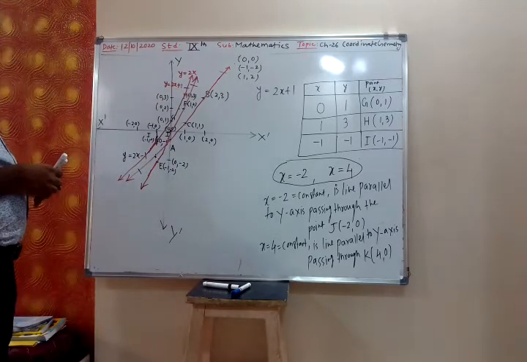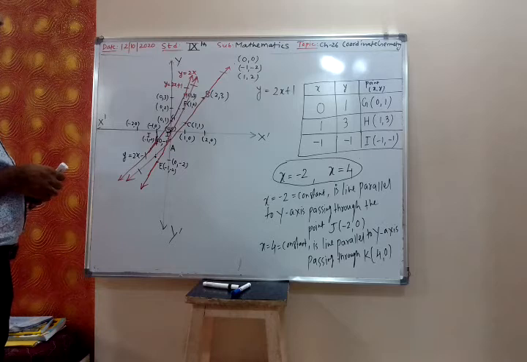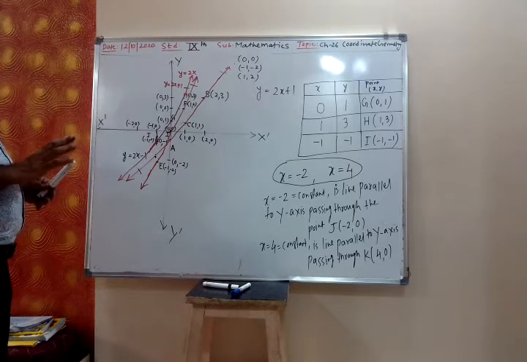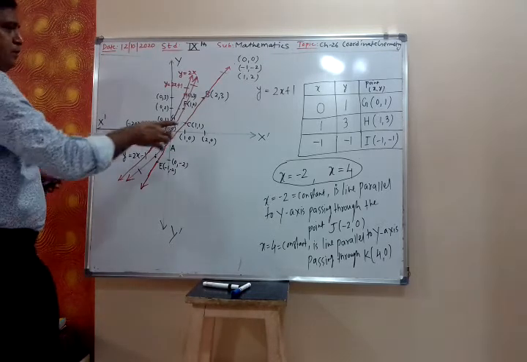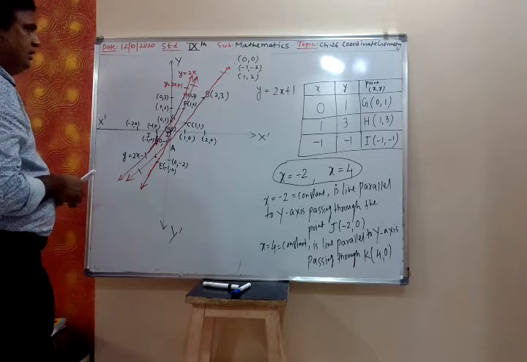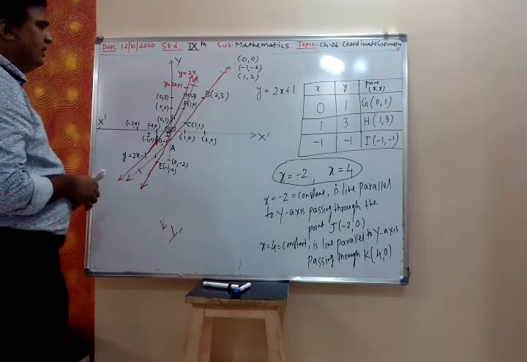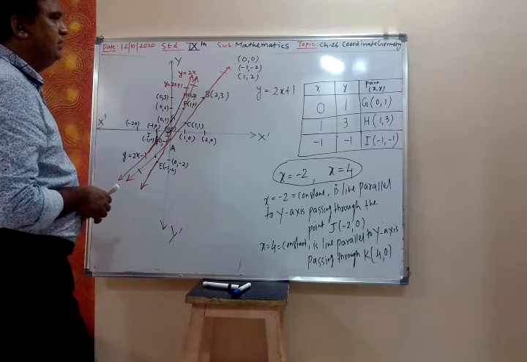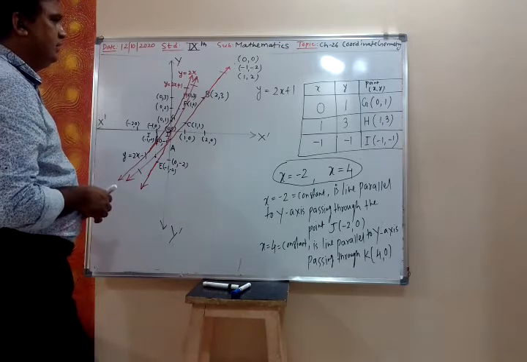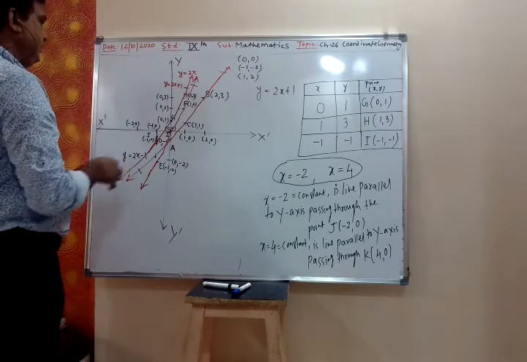Then the line x is equal to minus 2. After ABC, you have to draw the points DEF, then GHI, 3 points.